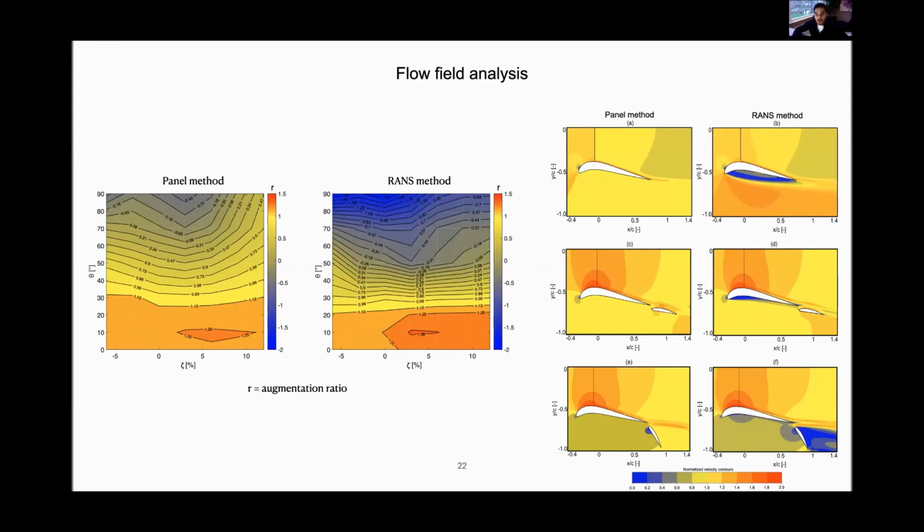And just to show you some results of how the flow field looks, the panel method is on the top for the bare duct without the multi-element, the panel method on the left and the RANS method on the right, for the two different configurations of the parameters that we investigated.